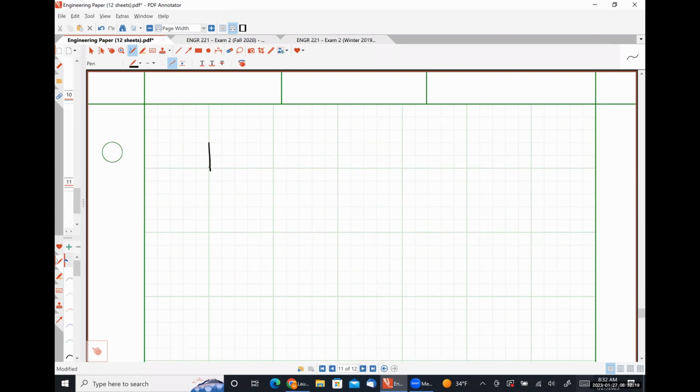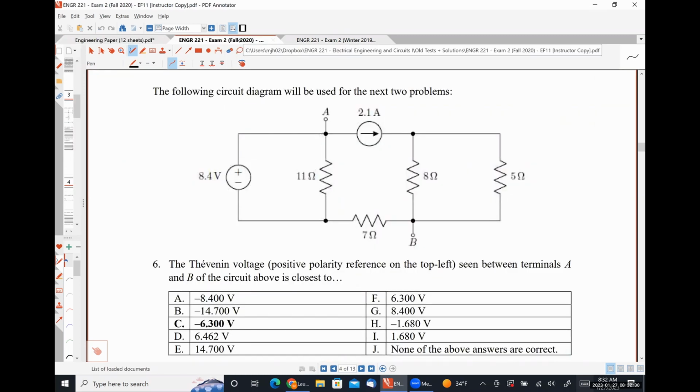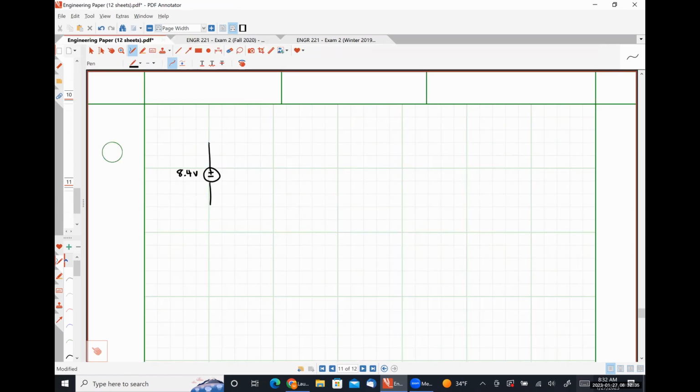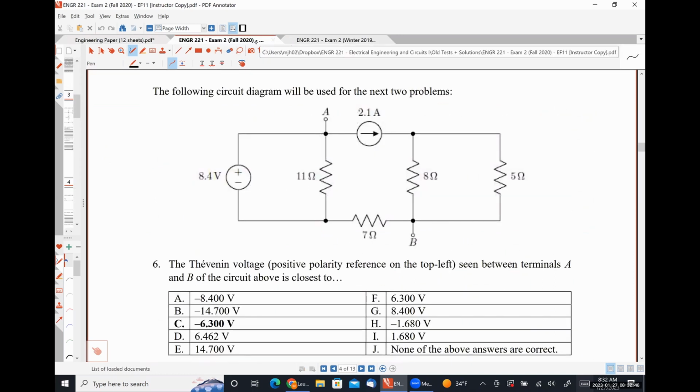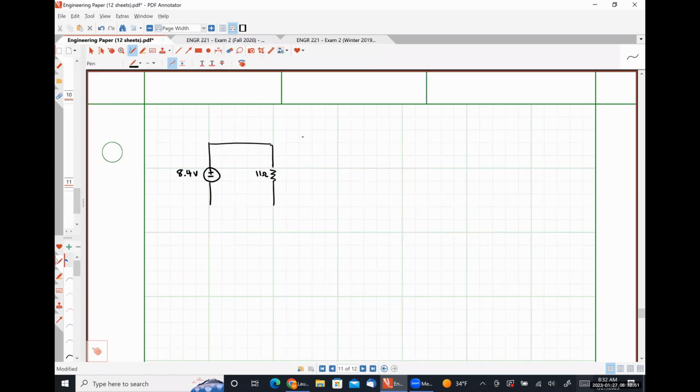All right, so we have a voltage source that's in parallel with an 11 ohm resistor. Then 2.1 amps directed to the right, 7 ohms directed to the right.